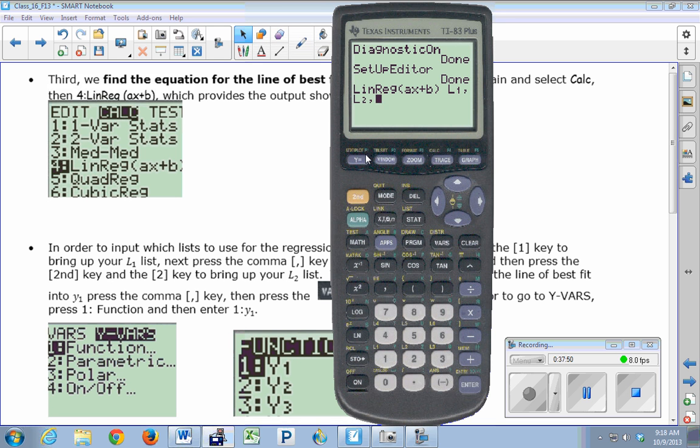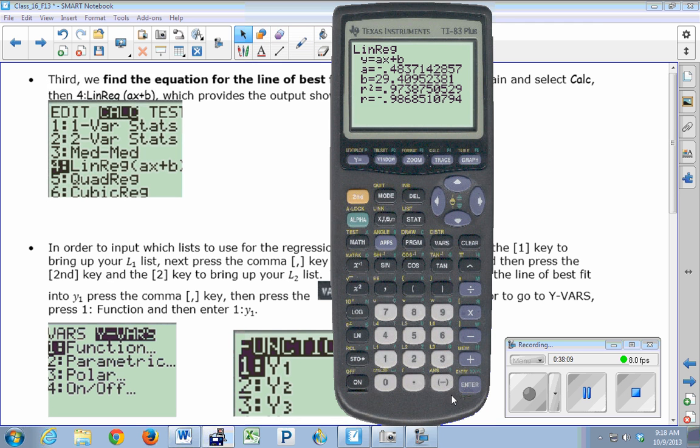So to do that, this is a new button now, and I've written this all down. You go to vars. You go over to the Y variables, Y vars, and you say, enter. I want you to appear in Y1. And you hit Y1. Now you're all set. You hit enter, and there's all your data.